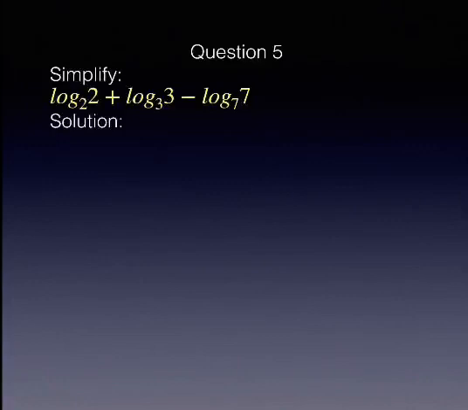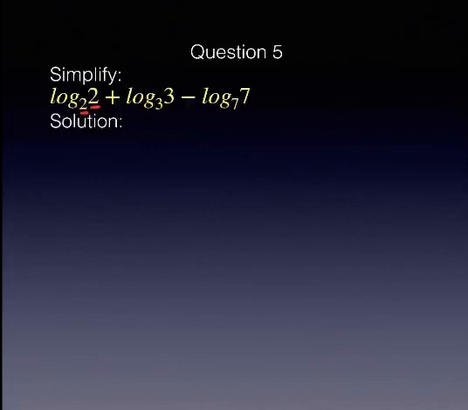Simplify log 2 base 2 plus log 3 base 3 minus log 7 base 7. Wow, this is amazing. This is how we quickly do it. Using rule number 5, we know if the base is the same as the argument, as can be seen here, then the outcome is 1.